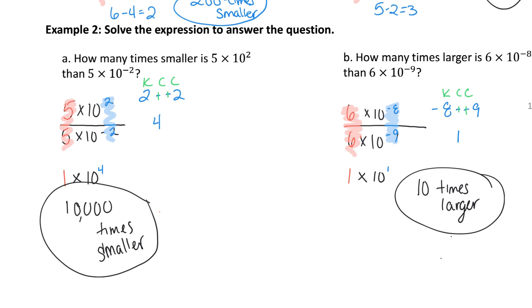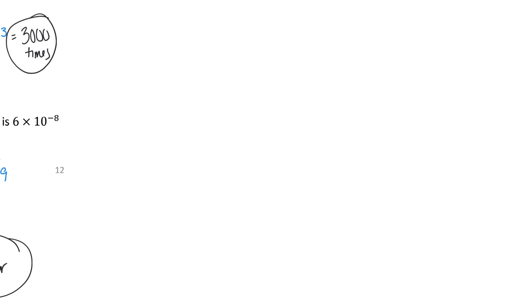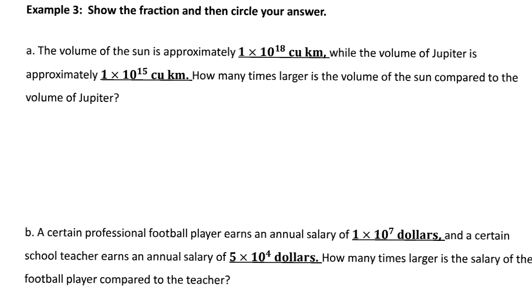All right, so let's go to the back and let's do it as word problems, okay? So now we have some word problems on the next page. With these word problems, nothing really changes. So we still put it in fraction form, and we still put the one with the larger exponent on top. So 1 times 10 to the 18th over 1 times 10 to the 15th. We still divide our whole numbers, which is how we get 1 divided by 1 is 1.